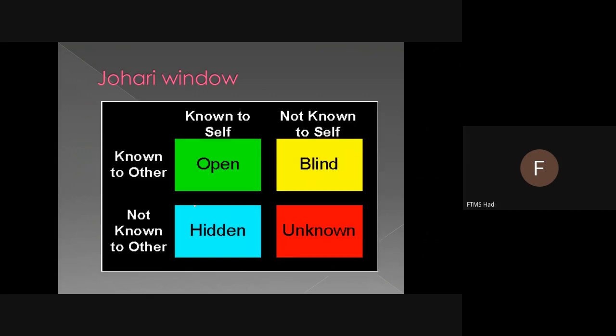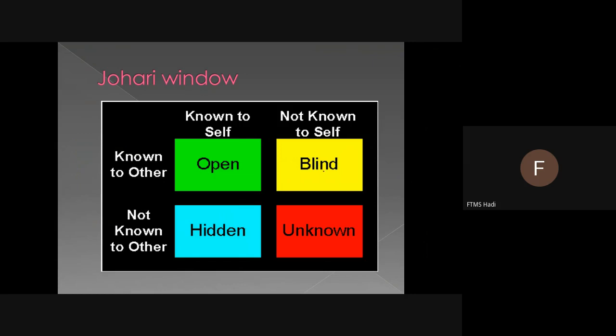Okay. Known to others. This one is known to self, known to others, which is open. But if you have your perception, but people do not know, we call it hidden, because you keep it to yourself. But not known to self: you do not have a perception, but other people have.